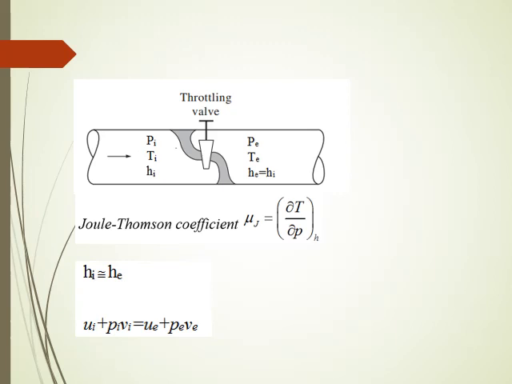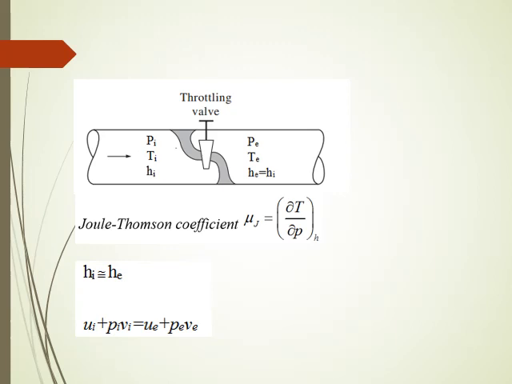But at this juncture, just remember that for the refrigeration system, this device, the throttling valve, should operate in the cooling region, which means it should achieve a drop in temperature for the drop in pressure. So the Joule-Thomson coefficient mu j is equal to del T upon del P when H is equal to constant.